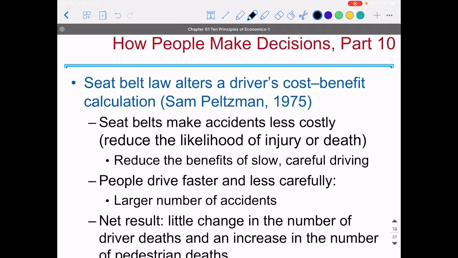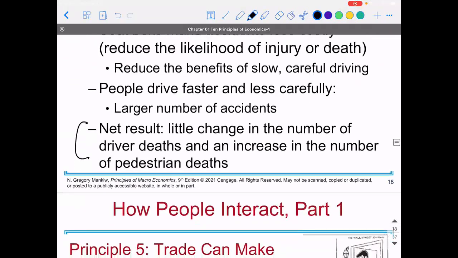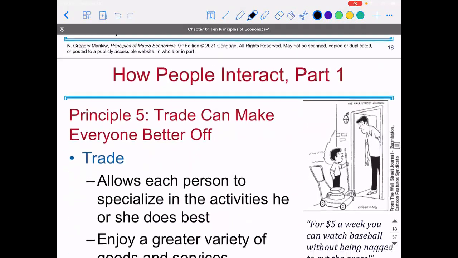As this last point brings out, people might also then drive more recklessly and faster and wear their seatbelt, but still die because they behave more recklessly. And perhaps by driving more recklessly, they could kill those around them, their passengers who might not be wearing their seatbelt or other pedestrians.